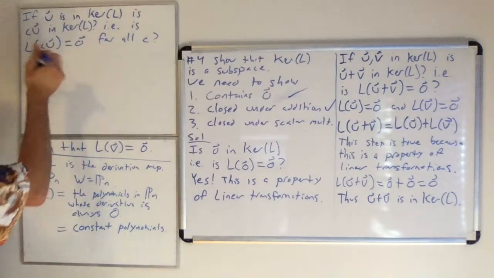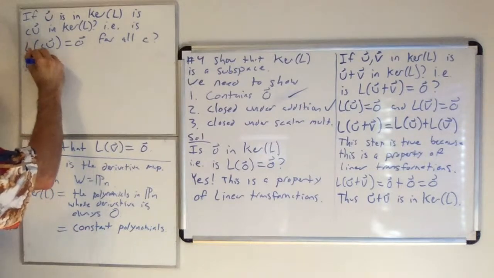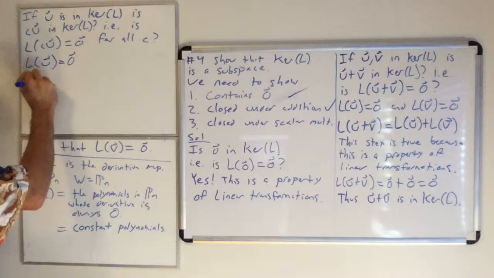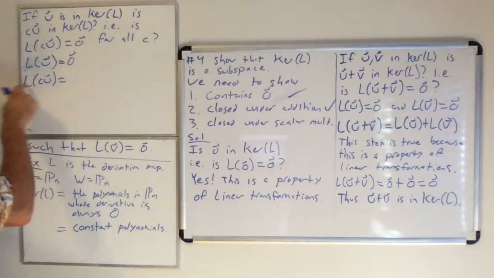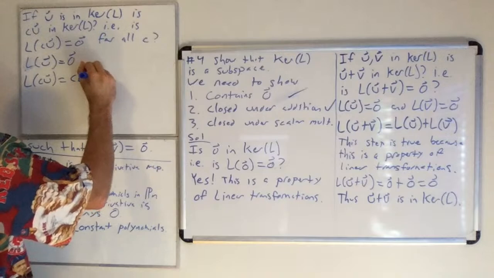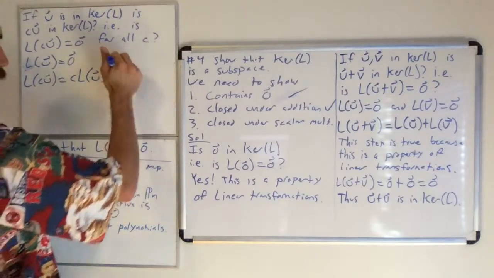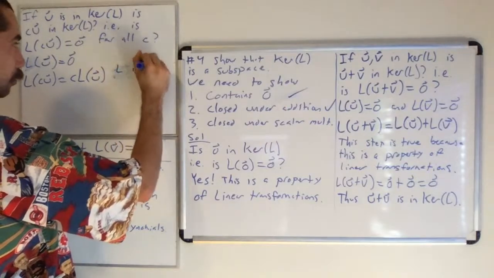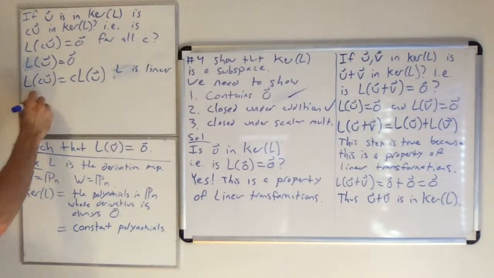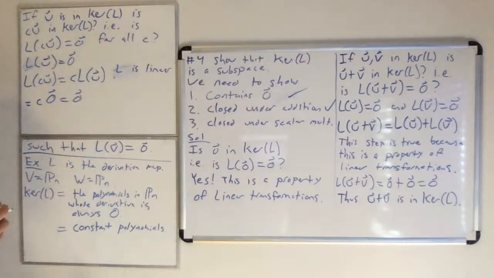Okay, so let's just take a look. u is in the kernel of L. What does it mean to be in the kernel? It means L of u is equal to 0. So let's look at L of cu. We're allowed to factor out the c because this is a property of linear maps. So L is linear, and so this is equal to c times L of u, which is 0, so c times 0, which is equal to 0.